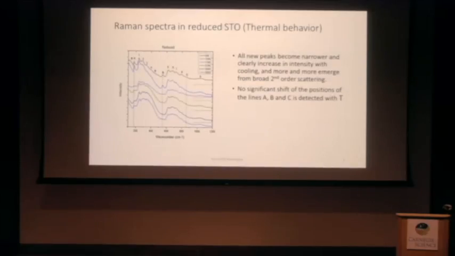If we look at the temperature dependence of the Raman spectrum in the reduced sample, the new lines A, B, and C increase in intensity on cooling, but the position is relatively constant as a function of temperature.